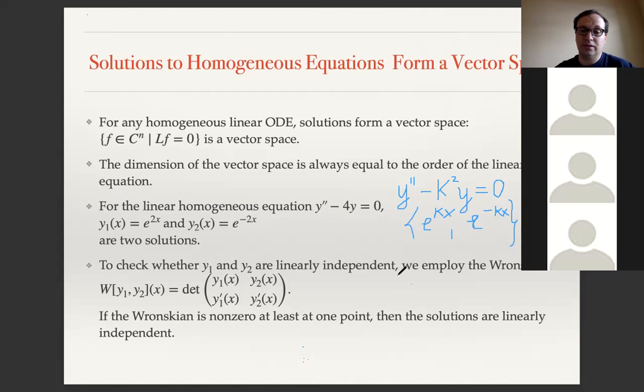So maybe again, I write them into the course. So y double prime plus k squared y is equal to 0 has solutions cosine of kx and sine of kx.